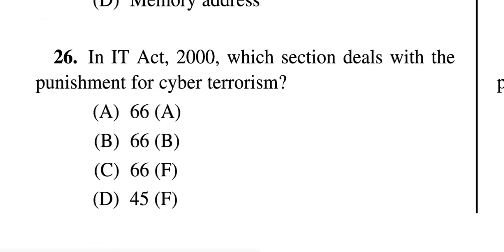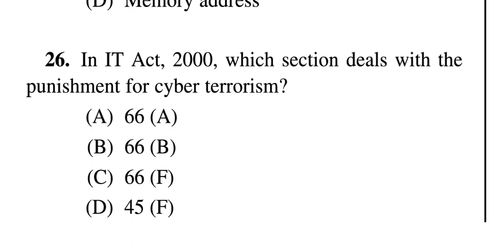Number 26, it says in the IT Act, Information Technology Act 2000, which section deals with the punishment for cyber terrorism? Nowadays, cyber terrorism is growing, and due to the influence of internet, it is not going to end soon. It will grow.